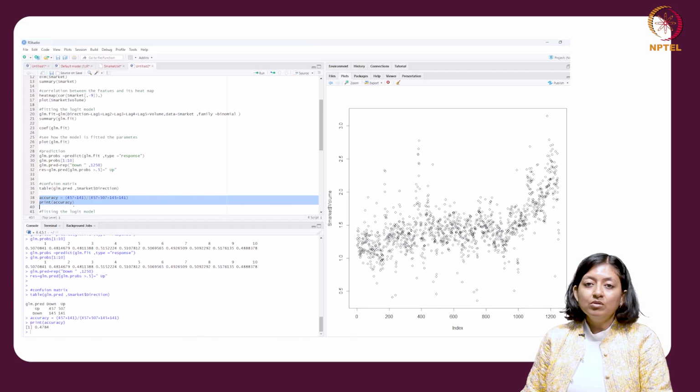It's just close to 50%. So to have a better model, we may include other features, or we may also consider dropping some of the features and explore how the model improves. So this is just another example to understand the different outputs in R.